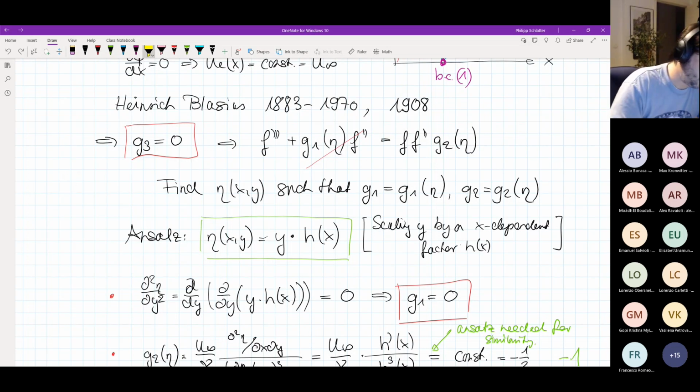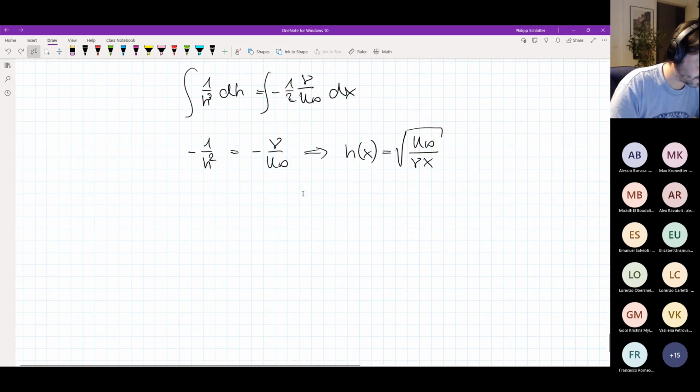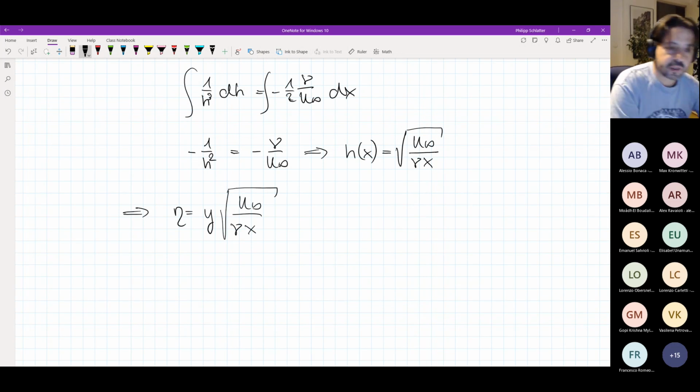So now with this I know that my eta is y times the square root of u infinity divided by nu times x. This is the definition of my eta. And I know it needs to be non-dimensional, obviously.